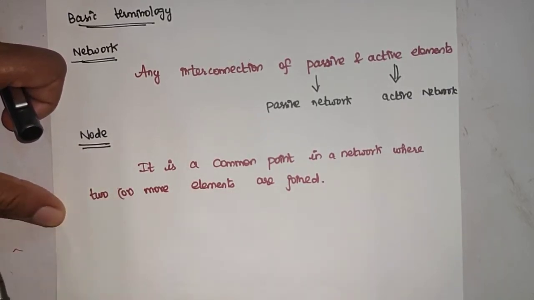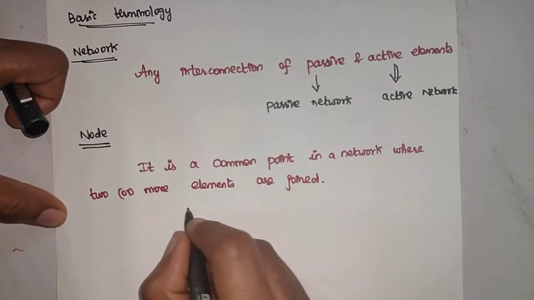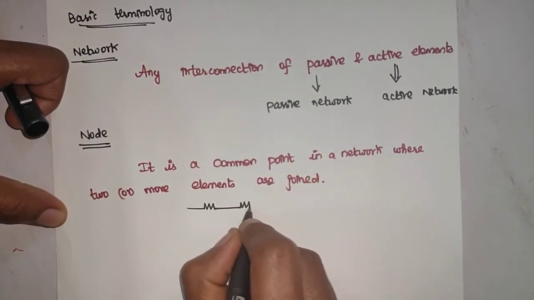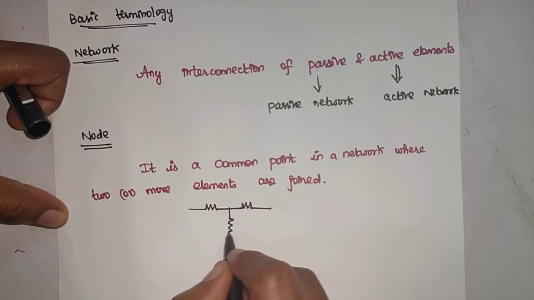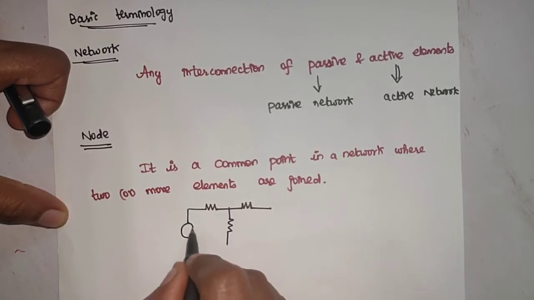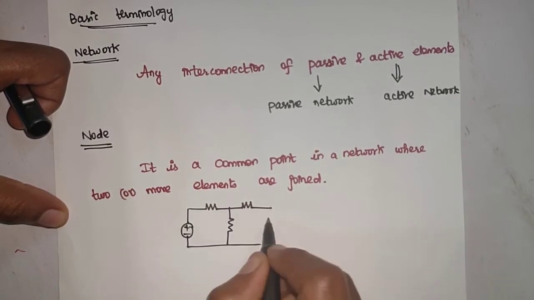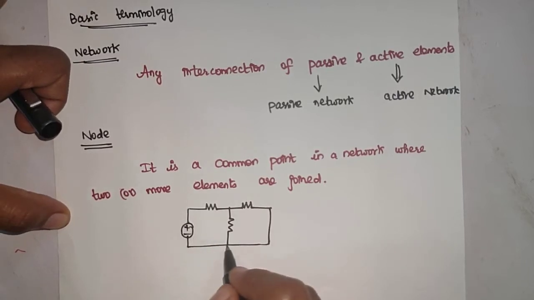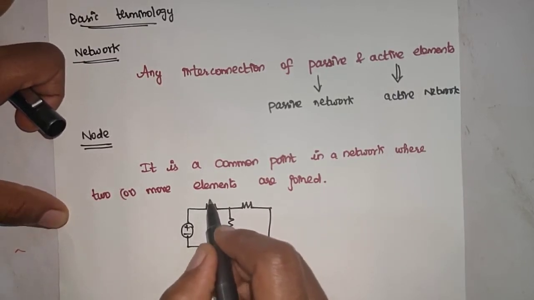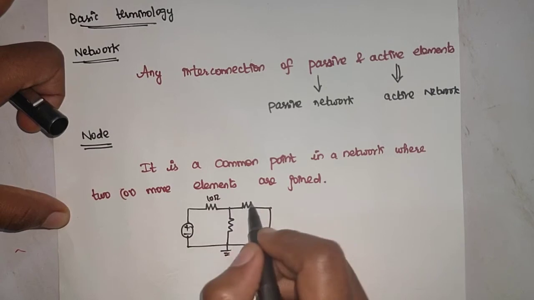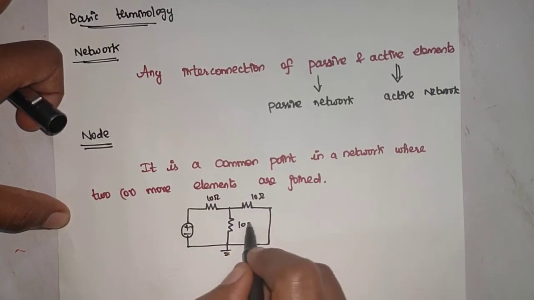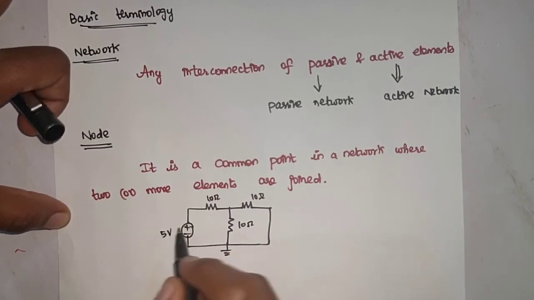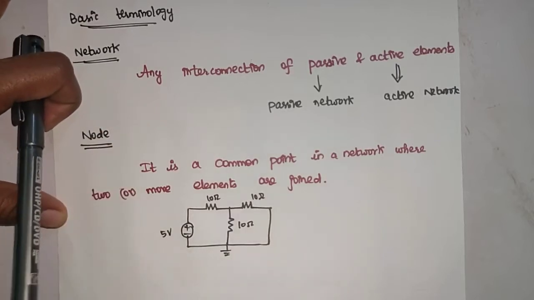So let us see one example. This is a network. This is a resistor. 10 ohm resistor, 10 ohm resistor, 10 ohm resistor, 5 volt voltage source.